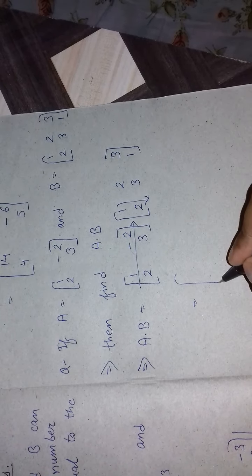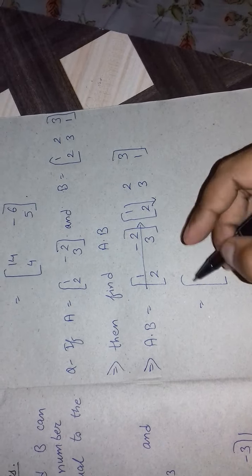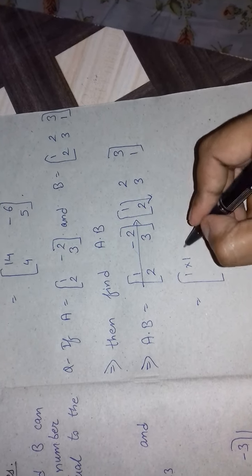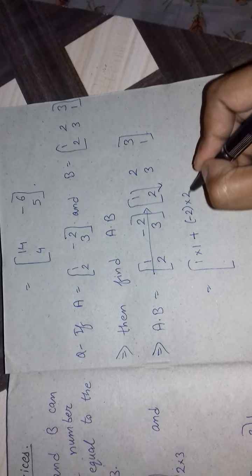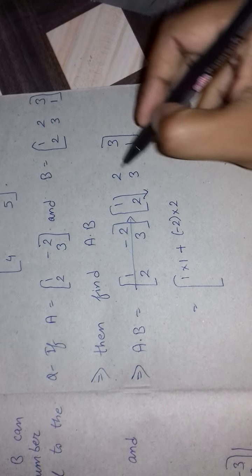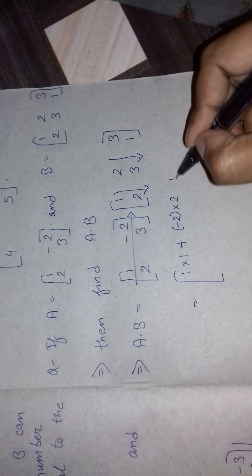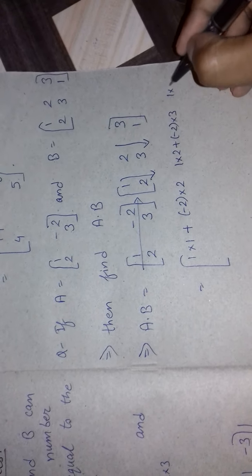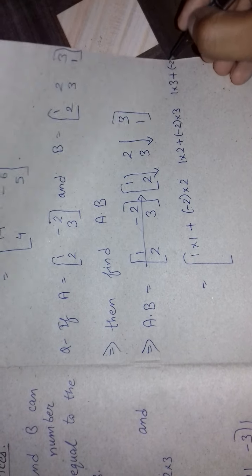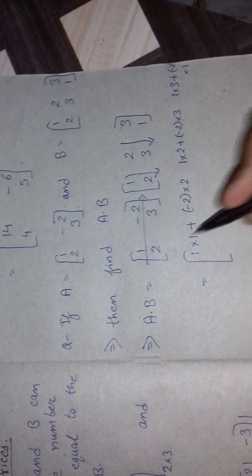So first we will multiply our first row with this column, that is 1 into 1 plus minus 2 into 2. We will again multiply our first row with second column, that is 1 into 2 plus minus 2 into 3. Then 1 into 3 plus minus 2 into 1.